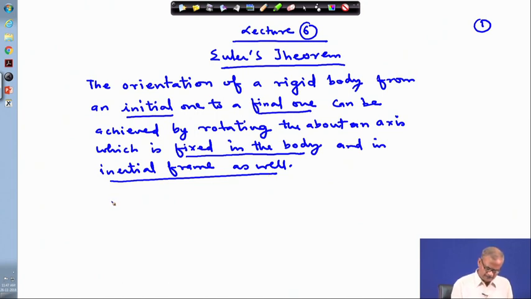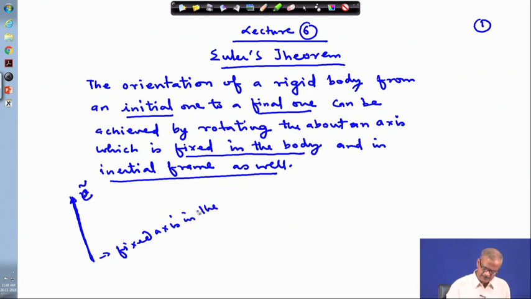Let us say that the fixed axis is represented by some nu tilde, or maybe we can represent this as E tilde. So, this is the fixed axis, fixed in the body and in the inertial frame as well.